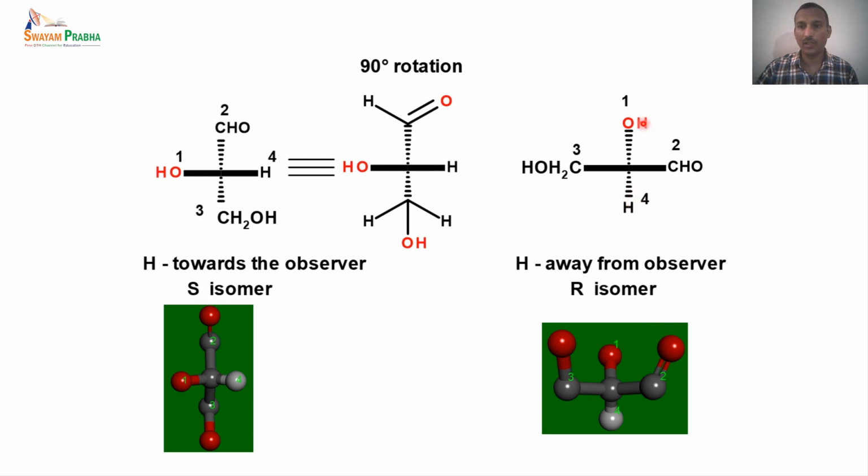Once you do that, you can easily assign the priority groups and identify the actual configuration. So if it is an R isomer, then before the 90-degree rotation, the compound is going to be the S isomer. That way you can easily assign the RS configuration for Fischer projection compounds.